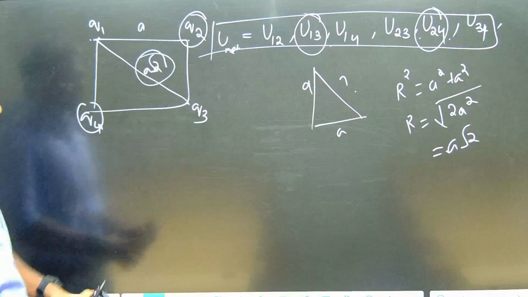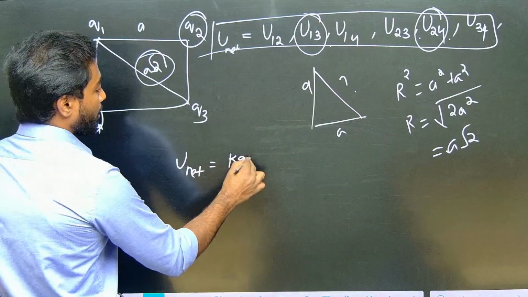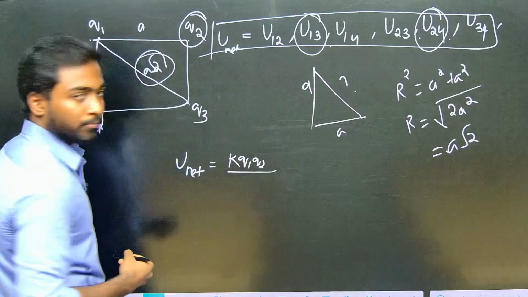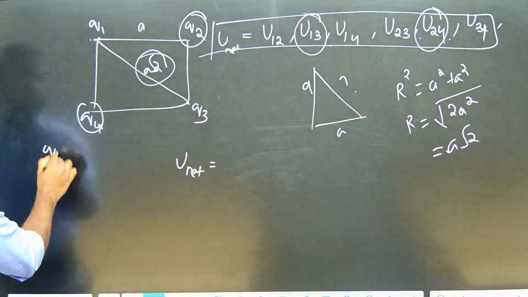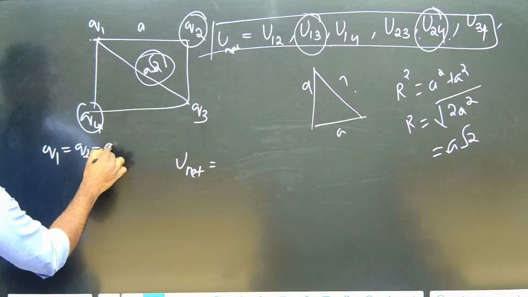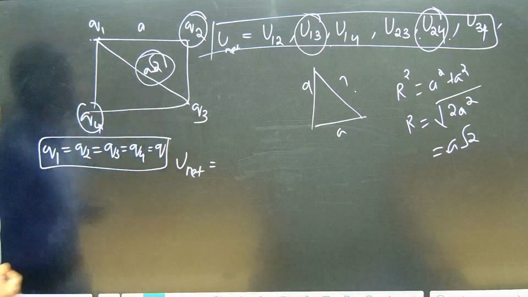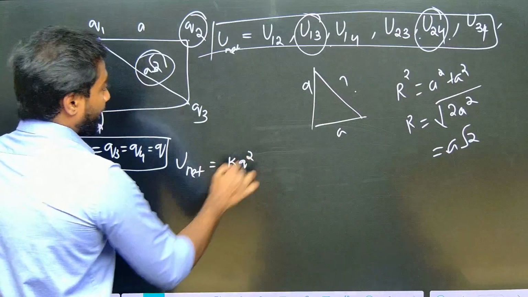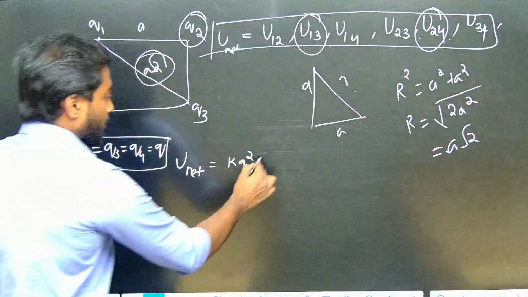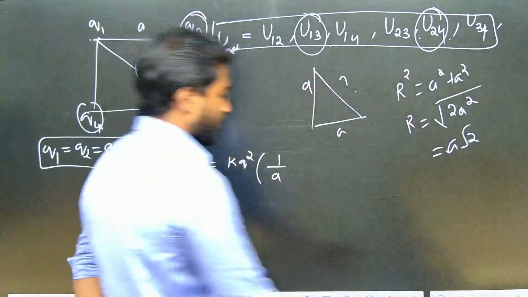Okay. So we are going to write U net. U net will be equal to K Q1 Q2 by R, or else when we talk about every charge, Q1 equals Q2 equals Q3 equals Q4 equals Q. Let's keep this one. So K Q square I can take commonly outside, 1 by A. So that's the formula, right?